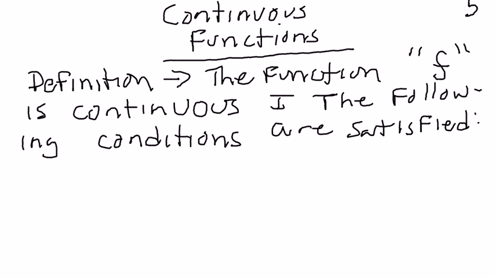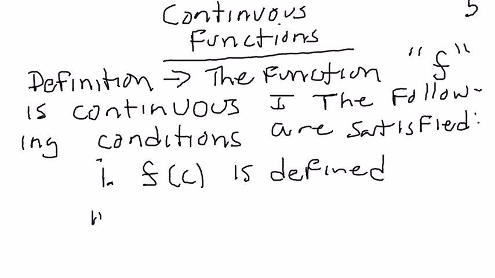Number one, wherever the critical number c is, f of c must be defined. The second thing is that the limit as x approaches c of the function f of x must exist.